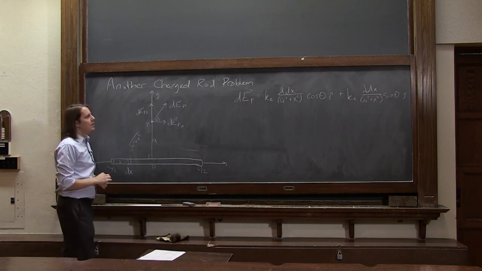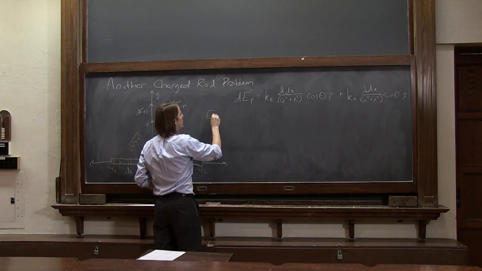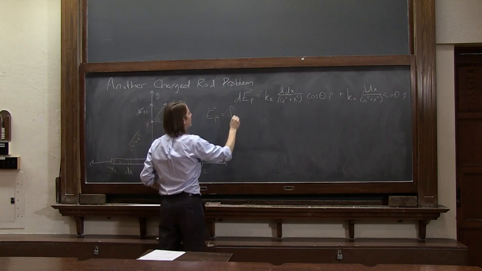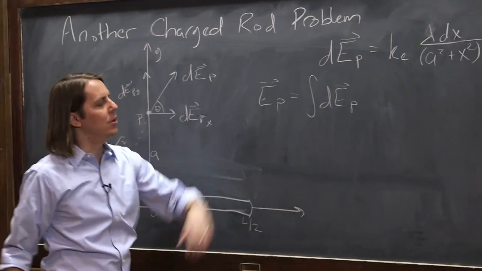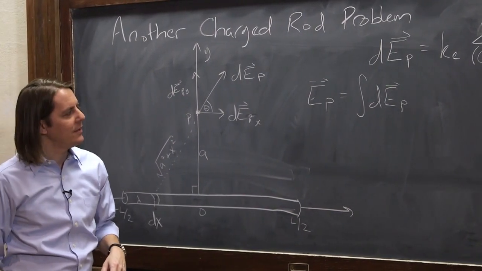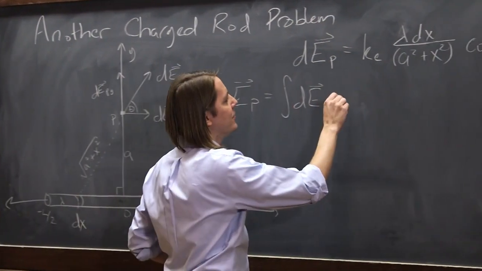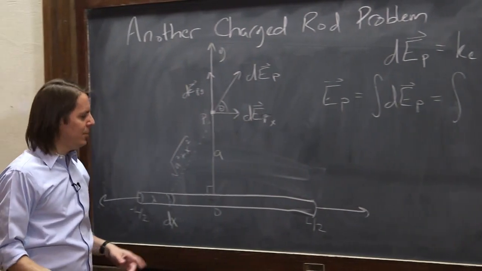Okay? Now, we want Ep. We want the electric field at point P, so we know we have to integrate. We have to sum up all of our dEp's to get the full field. Let's see then. That means we have to integrate this whole thing. And the limits are going to be what?